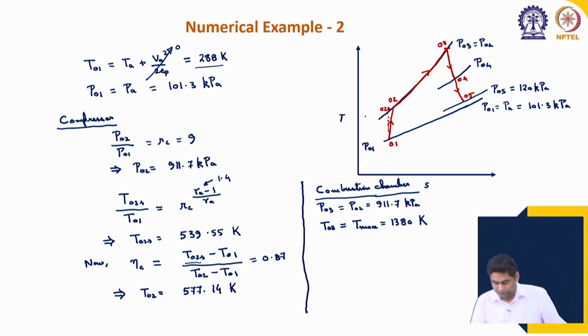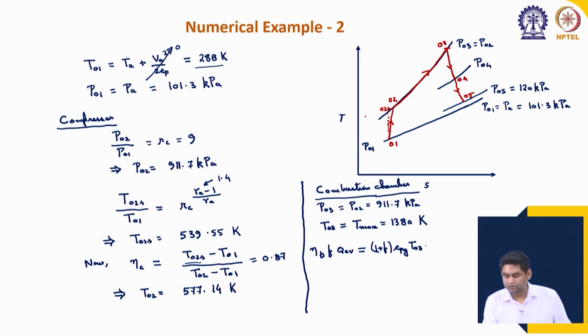So, now we have to find the fuel air ratio from the combustion chamber calculation. Okay. So, we know that combustion efficiency multiplied by the fuel air ratio multiplied by the calorific value of the fuel, this is the net heat which is released. This should be equal to the energy increase in the combustion chamber, which is equal to (1 plus F) Cp of gas T03 minus 1, mass flow rate is 1, Cp of air T02.